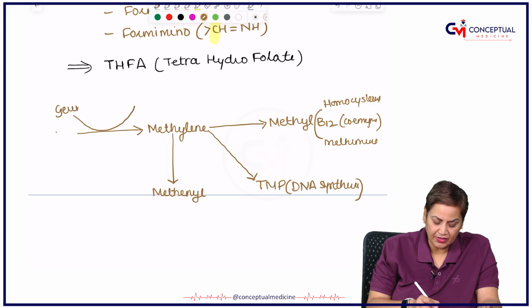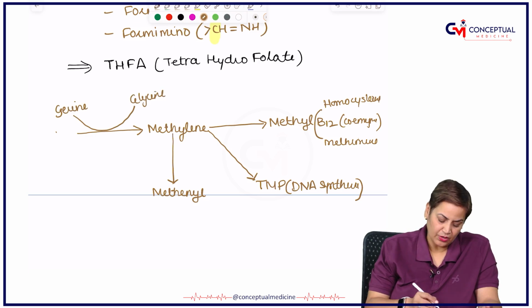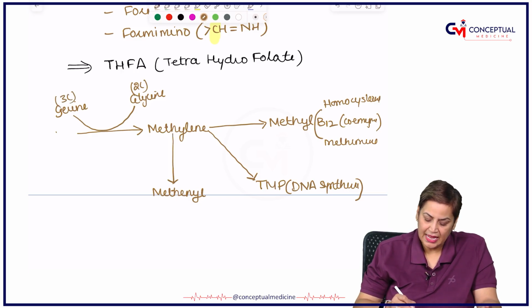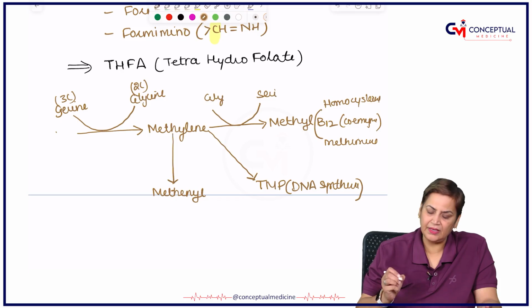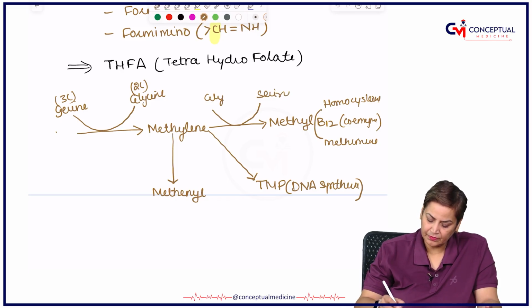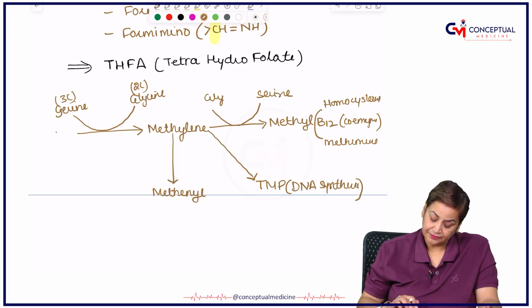It is coming from, simply you can say, serine being converted into glycine, or I can say serine, glycine, like this, third carbon to second carbon, and this methylene, glycine to serine. Right?